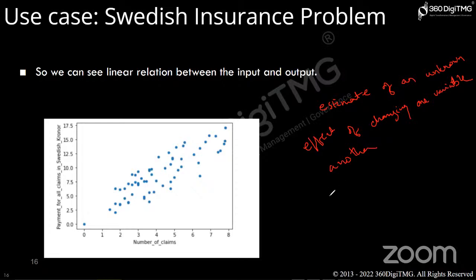And here we also look at the linear relationship y equals beta 0 plus beta 1 x. Beta 0 is the y intercept, beta 1 is the coefficient, or if we compare this with the simple line equation, it will be the slope.